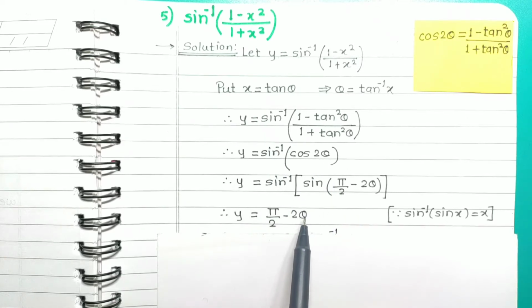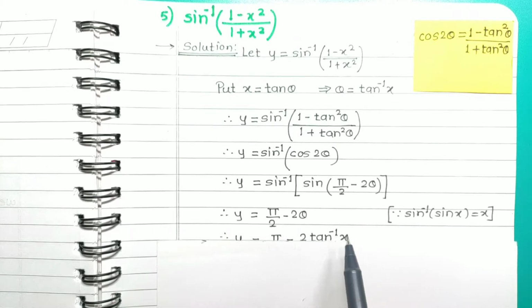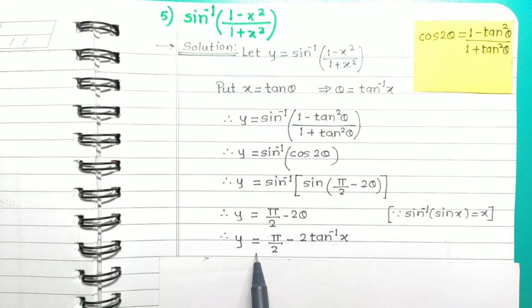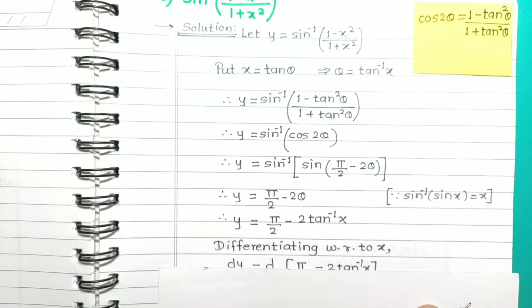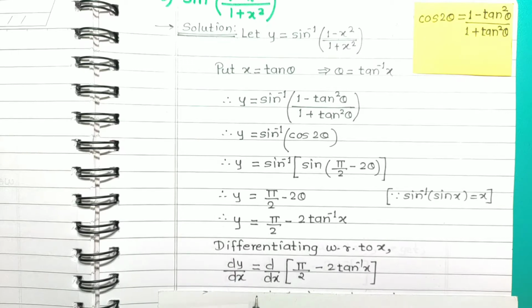Now it's time to resubstitute. Resubstituting theta, we have y is equal to pi by 2 minus 2 tan inverse of x, and now it is very easy to differentiate. Differentiating with respect to x, dy by dx is equal to d by dx of (pi by 2 minus 2 into tan inverse of x).